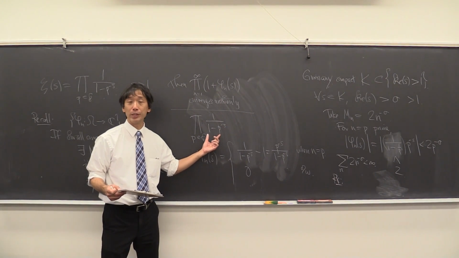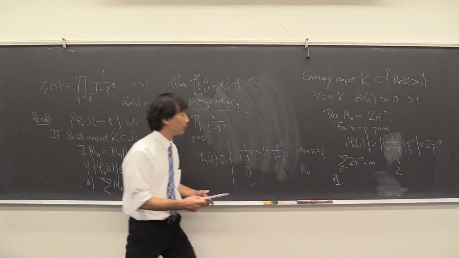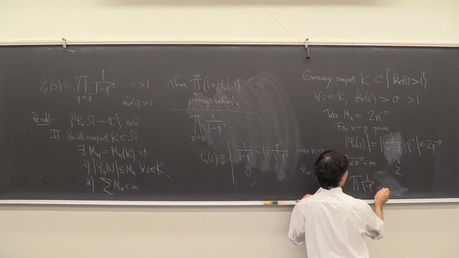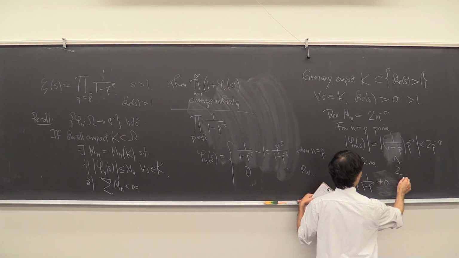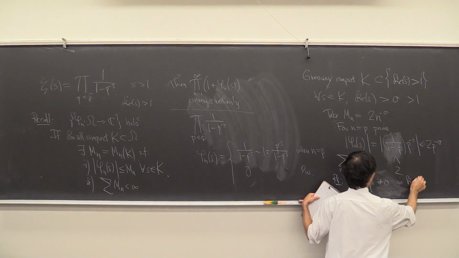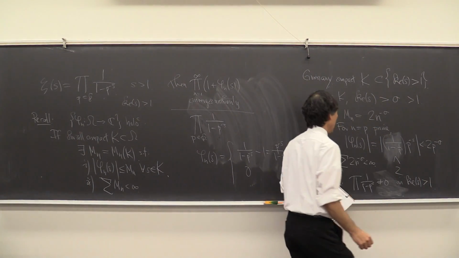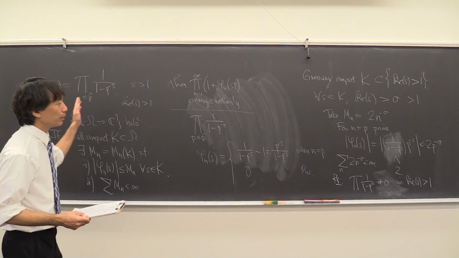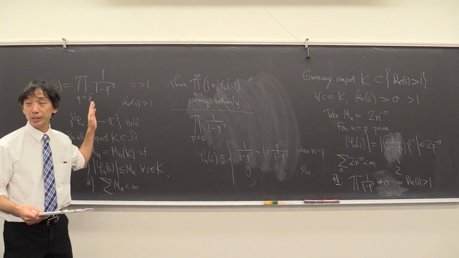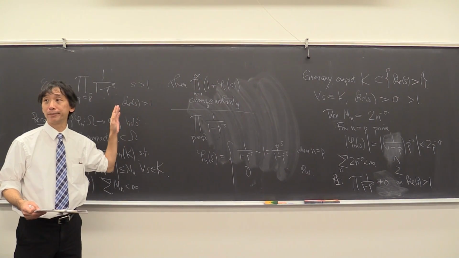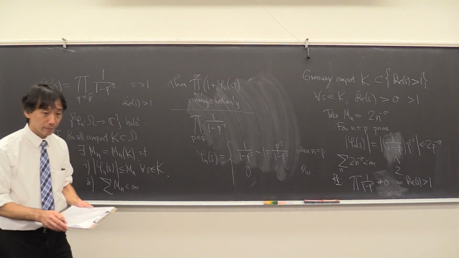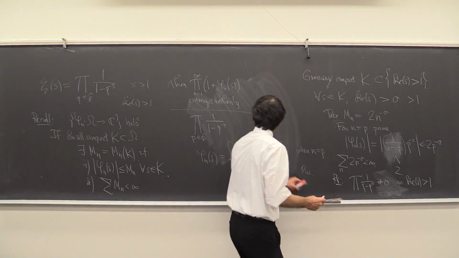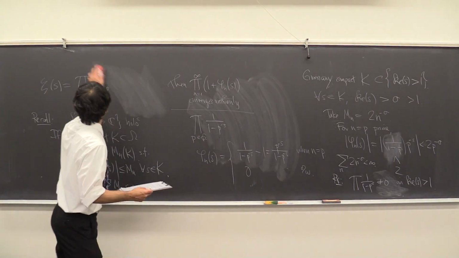And none of these factors are 0, and so you know that this thing is non-zero on that half plane. Okay, so that is to say that the zeta function doesn't have any zeros on that half plane. Okay, so now that I fixed that, let me sketch out where we were.